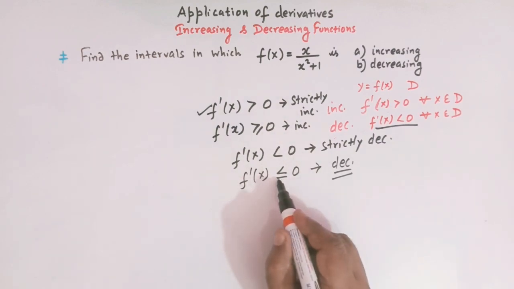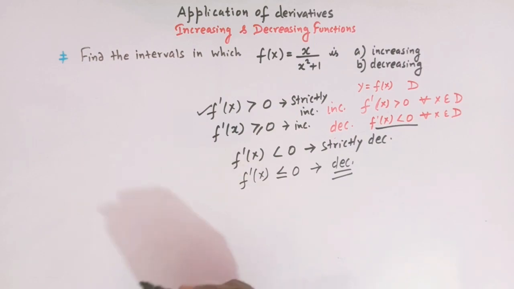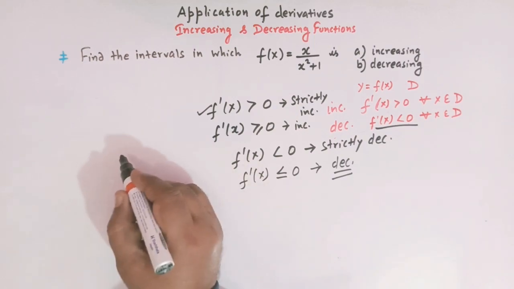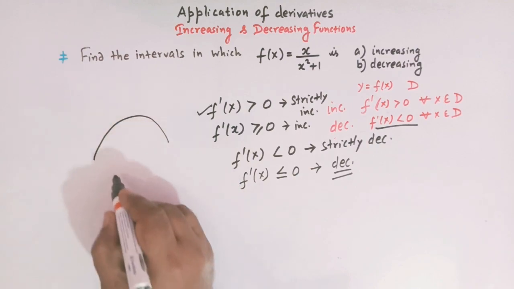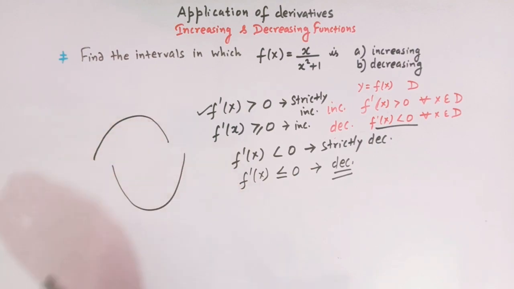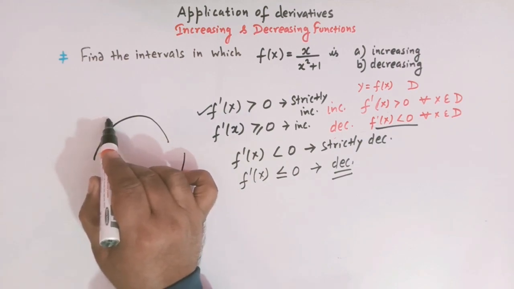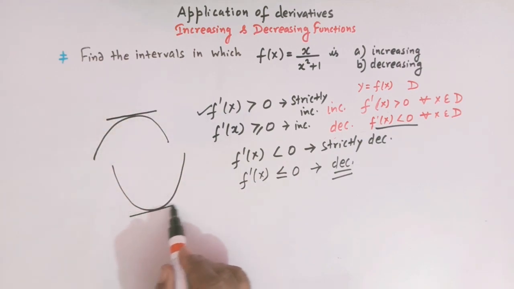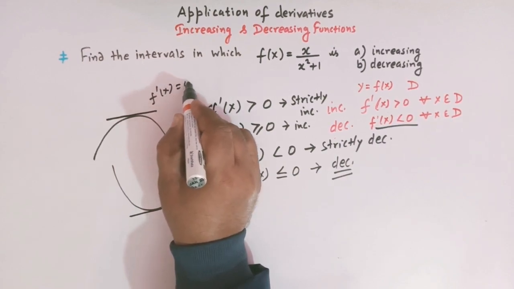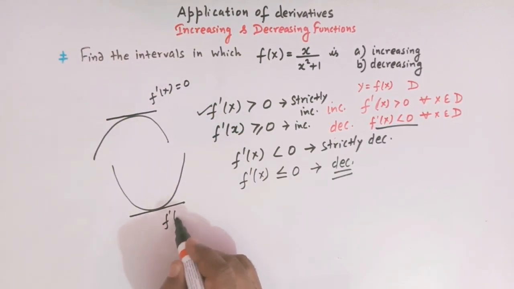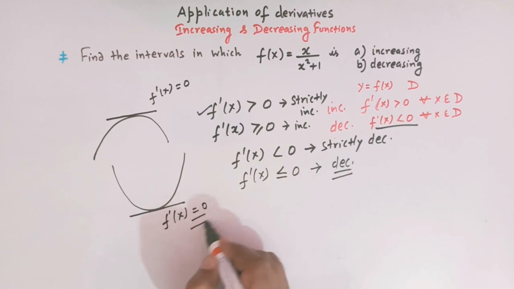Moreover, we know that at the turning point, whenever a graph goes like this, or rises like this, the derivative of the function is 0. Similarly here we have f prime of x is 0.